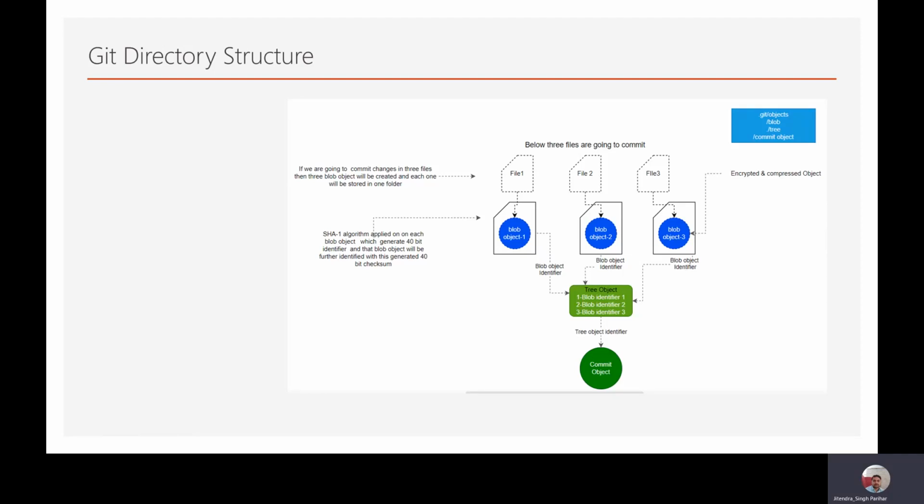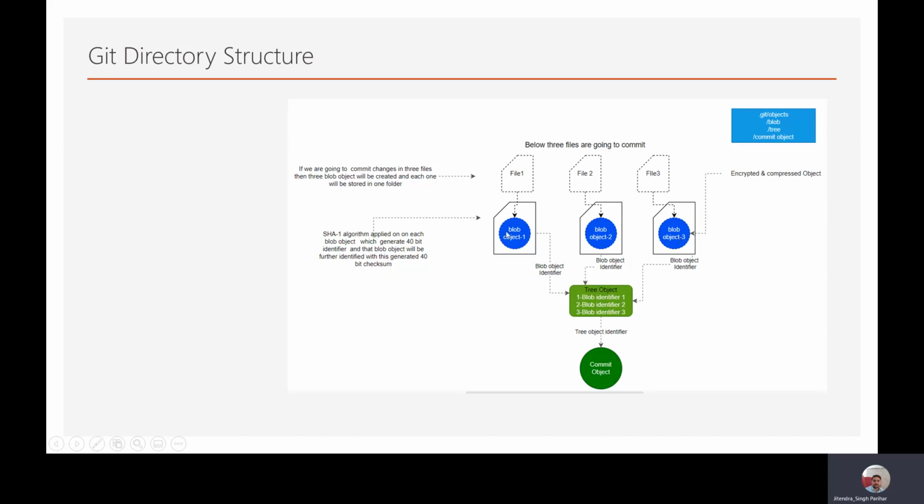Let's suppose in a repository we are going to save 3 files in a single commit. We created a directory with 3 files, and all 3 files we are going to save in the repository. So 3 blob objects will be created: blob object 1 for file 1, blob object 2 for file 2, blob object 3 for file 3.